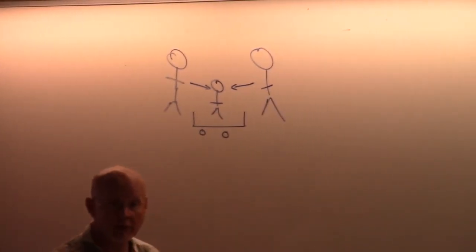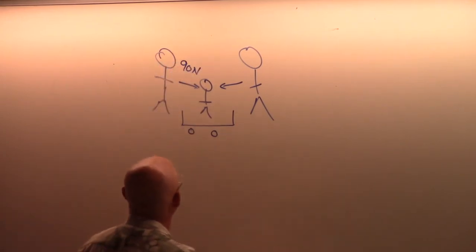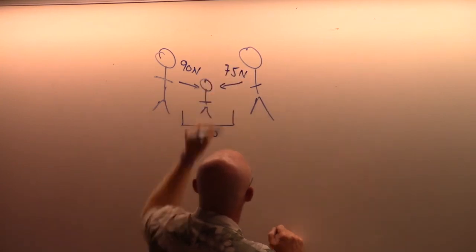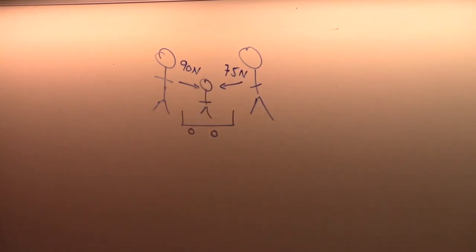So, wagon. What did we have? We had 1 child pushing at 90. Another pushing at 75. I think there was some friction somewhere. So a second force is 90. Friction is 12. Mass of the child in the wagon is 23.